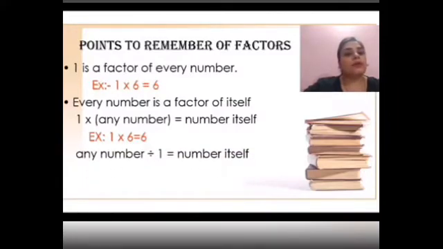Any number, when you divide by 1, you will get the quotient as the number itself. For example, 8 divided by 1, the answer will be 8, that is the number itself. That is why we can say every number is a factor of itself.